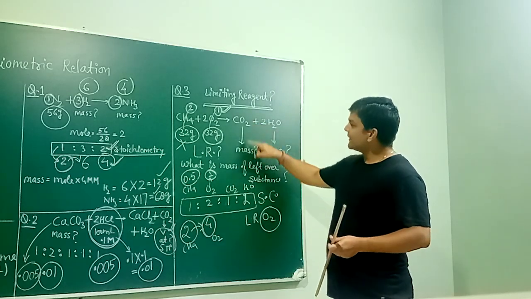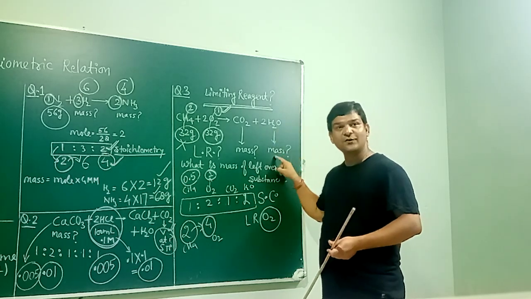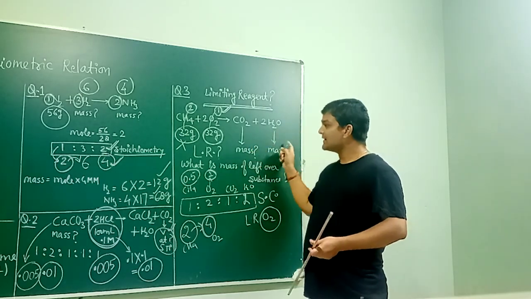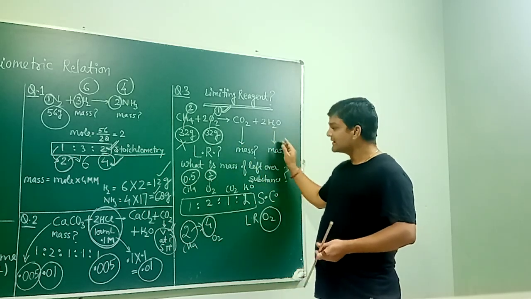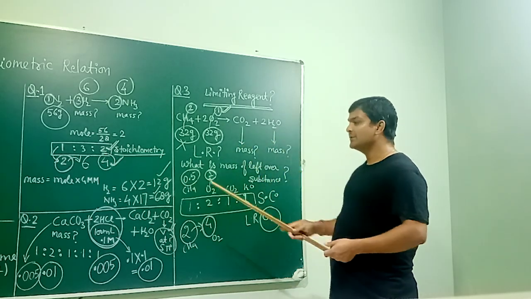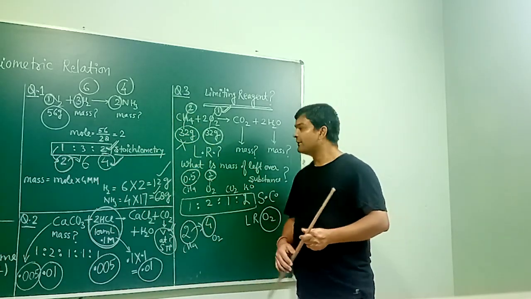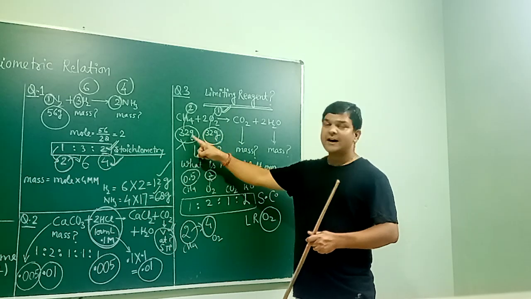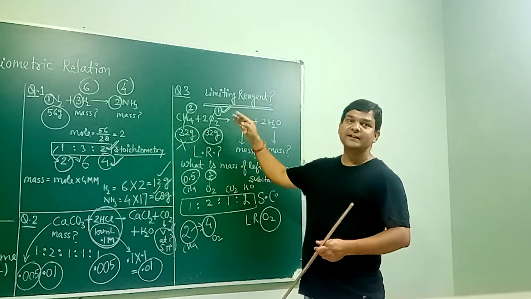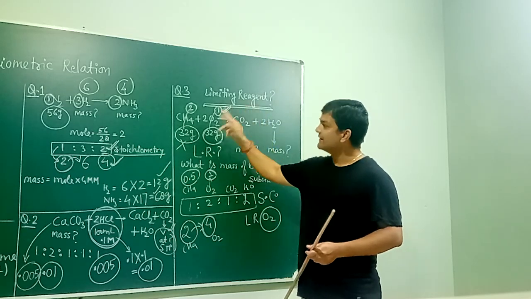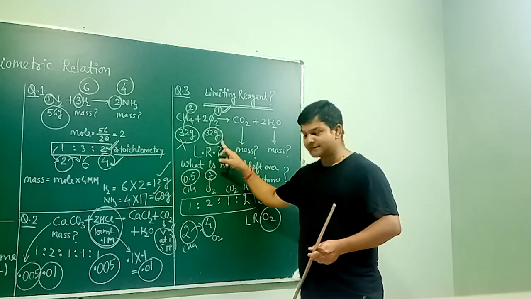In this question you need to find the mass of carbon dioxide and the mass of water formed. To calculate their mass, first you need to calculate their moles. To calculate their moles, you use the same method which we used in the previous question, with one difference: because we are given the amounts of both substances, we may get confused whether to calculate moles with respect to methane or with respect to oxygen.